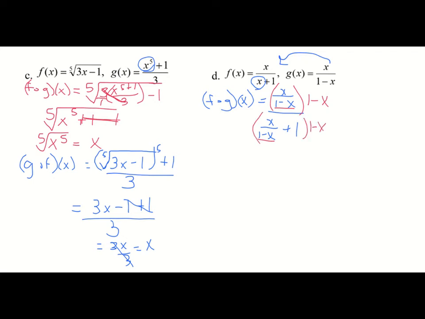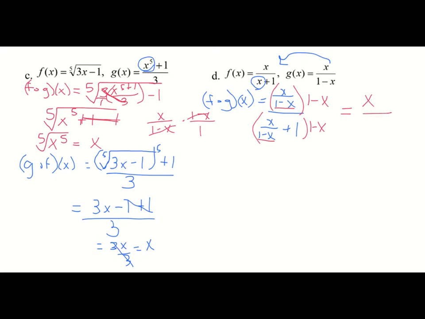And that will get rid of my denominator. So when I do x over 1 minus x times 1 minus x, and think of it over 1, those 1 minus x's cancel out, and I'm left with just x, or x over 1, but I don't need the 1.